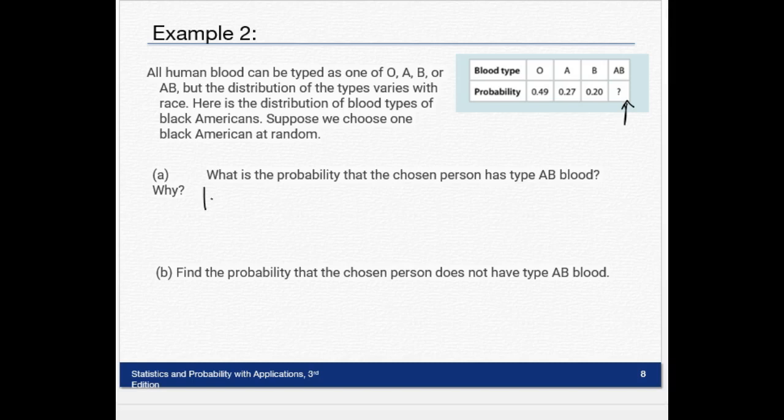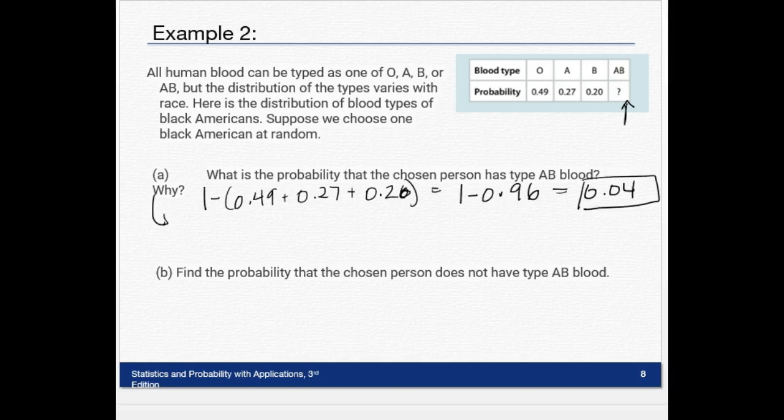So we're going to say 1 minus, and I'm going to add up the known blood types. Okay? And that comes out to 1 minus 0.96. So then the probability of an AB blood is 0.04. All right? So that's the probability they're asking us. And then they ask me why. Why does that work? Okay, because all probabilities add up to 1. Okay?